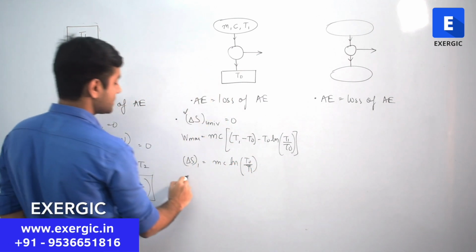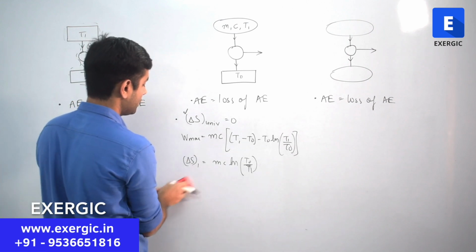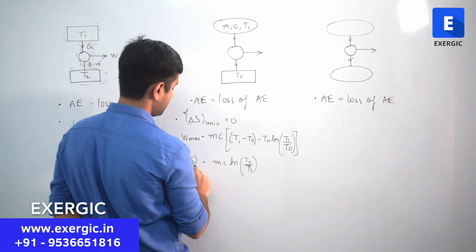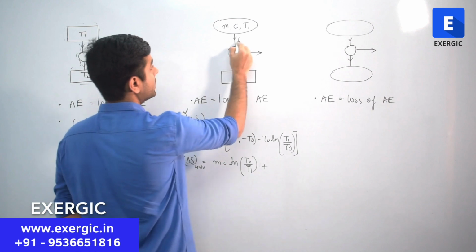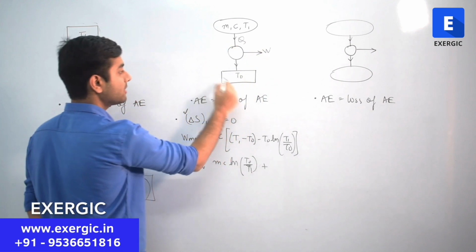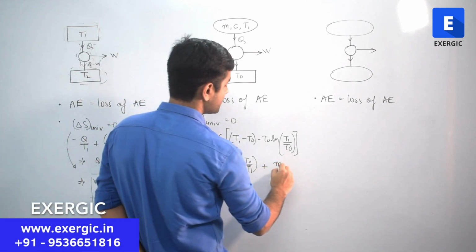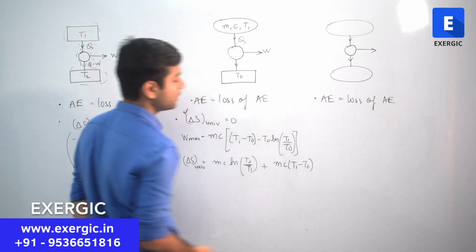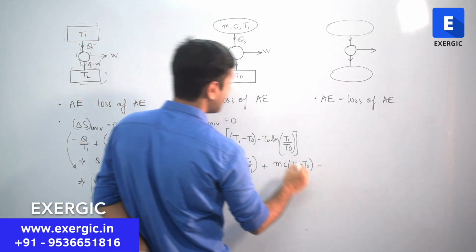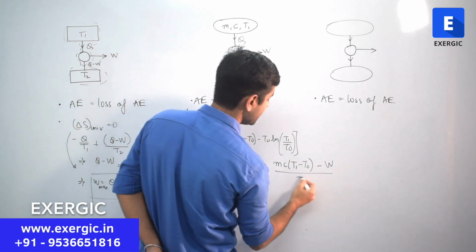For this delta S is going to be, or let me add it here only, delta S1 plus delta S for this is going to be Q minus W divided by T0 because it's a reservoir. How much is Q? Q is equal to MC T1 minus T0. Q minus W, this much is the heat that it is receiving, divided by T0.